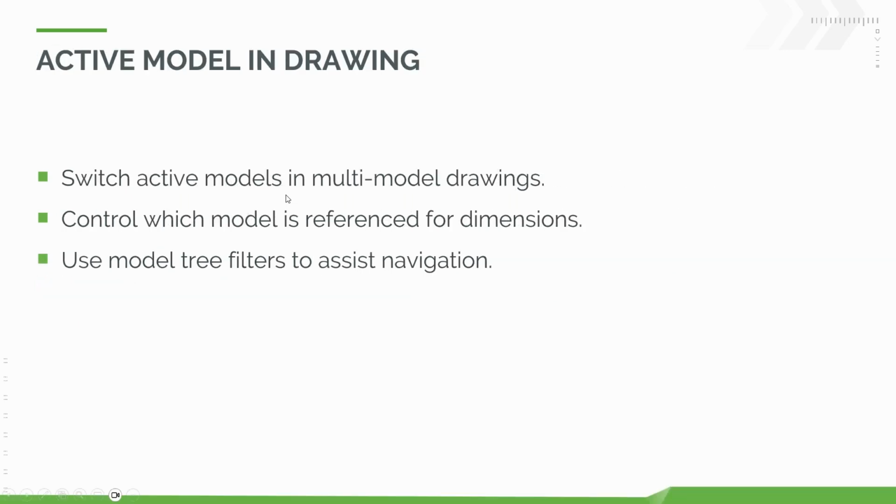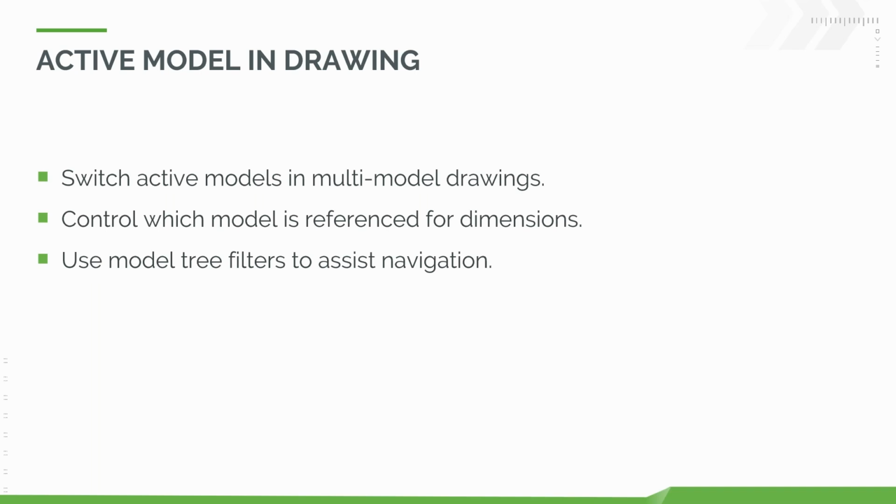Okay, we also in Creo, there is a concept of the active model. So drawings can have views or sheets which have different models in them. So we could have an assembly on one view and then subsequently have different sheets for all the different models, or even one sheet could have multiple models on it.